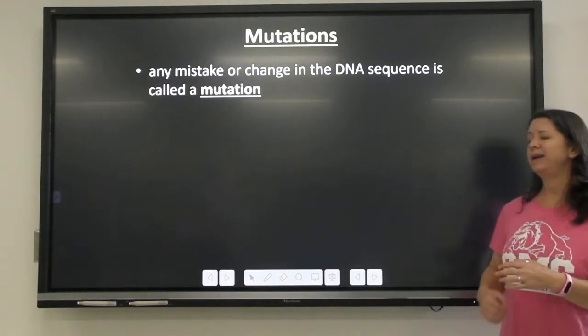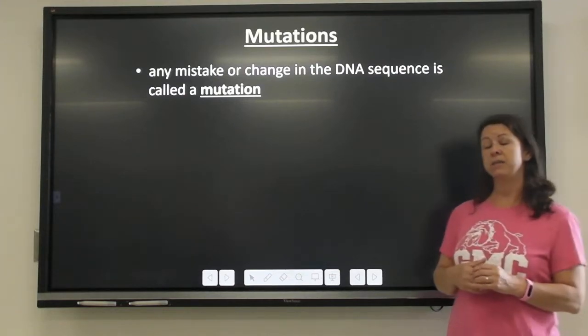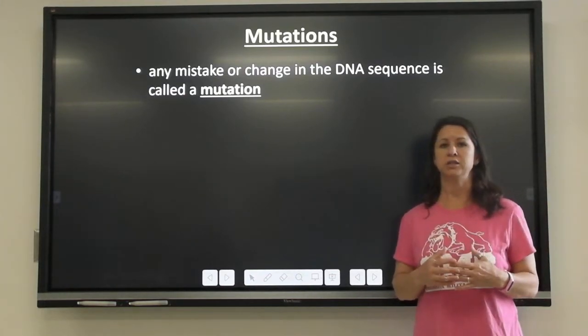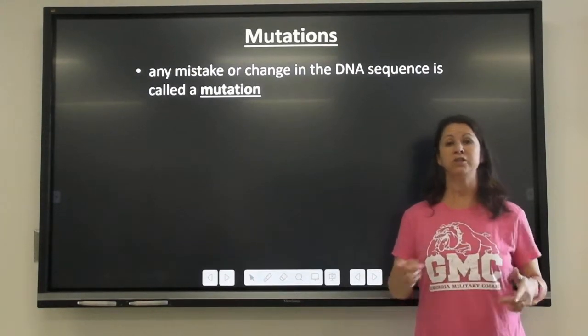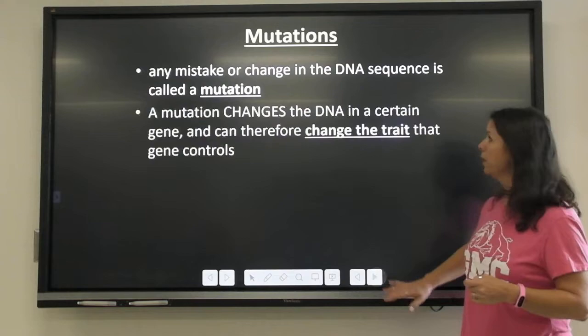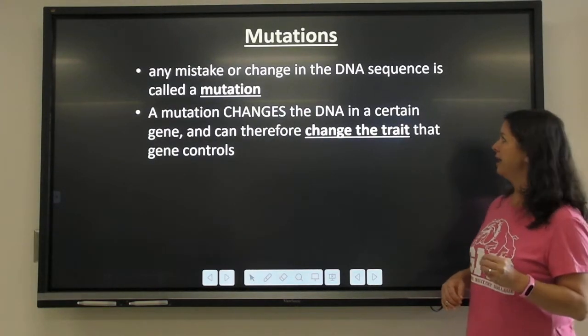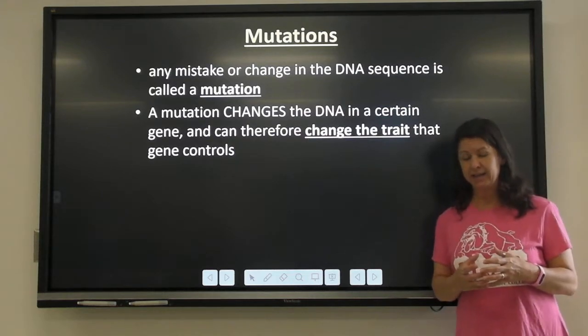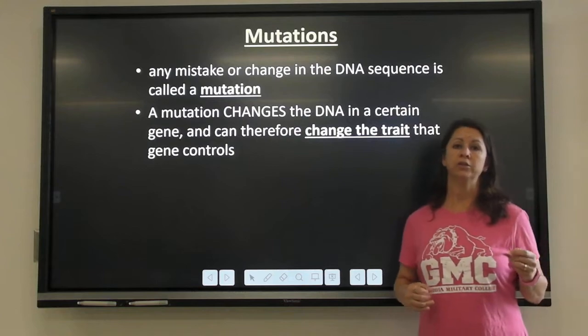Now, mutations are any mistake or change in the DNA sequence. So a mutation is when there's a mistake that happens in that sequence or when the sequence actually changes. A mutation changes the DNA in a certain gene, and if you remember, genes are where you actually get your traits.